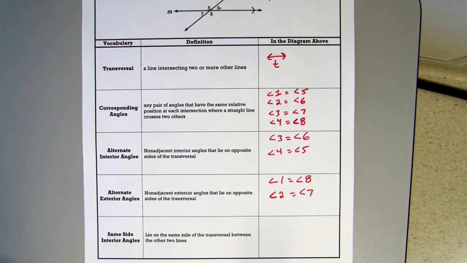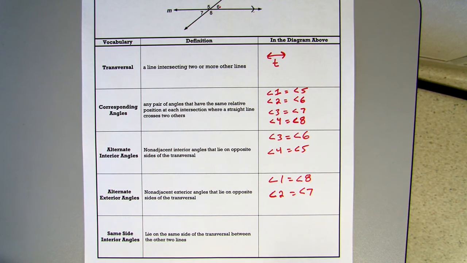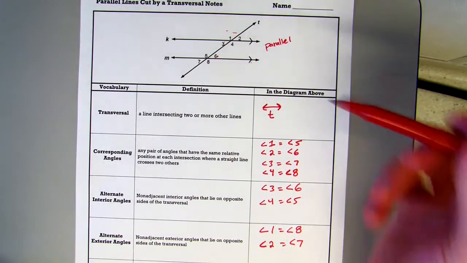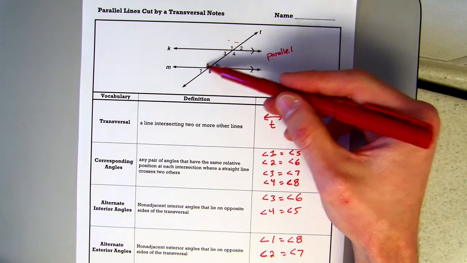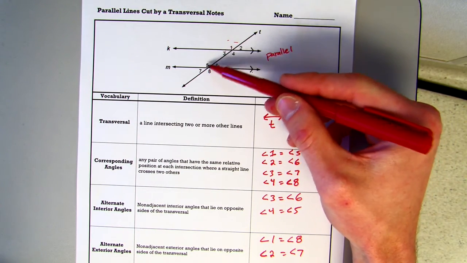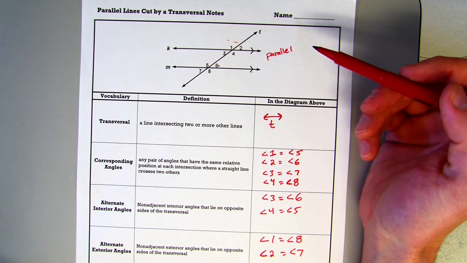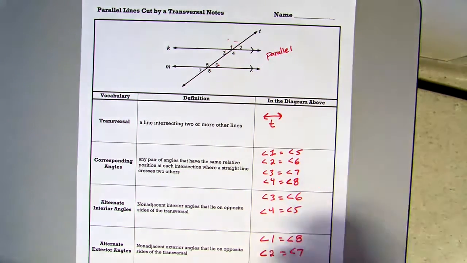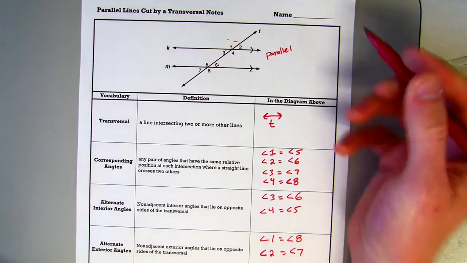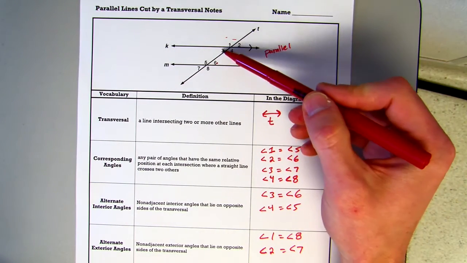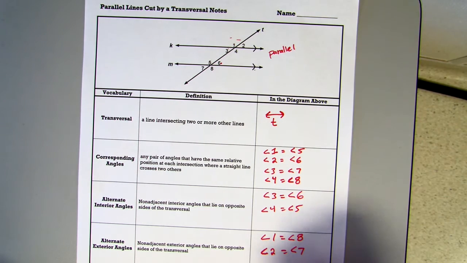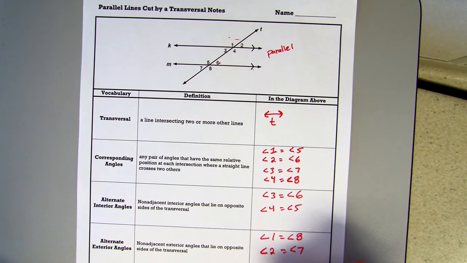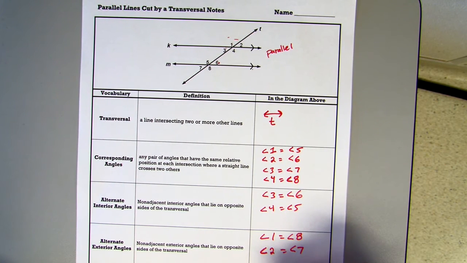And then lastly we have same side interior angles. These lie on the same side of the transversal between the other two lines. So again, we have our interior angles of 3, 5, 4, and 6, and they're going to be on the same side. So angle 3 has the same interior side as angle 5. They're not going to be equal though. These actually add up.